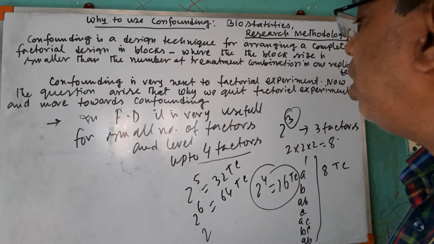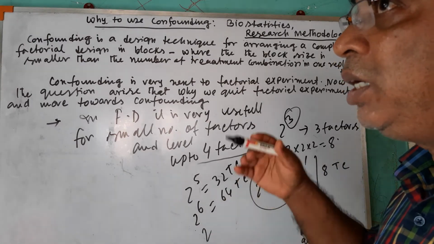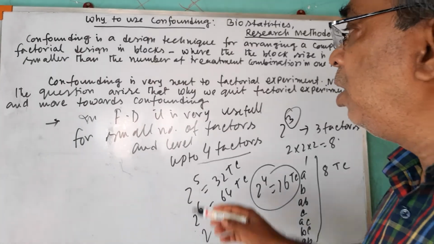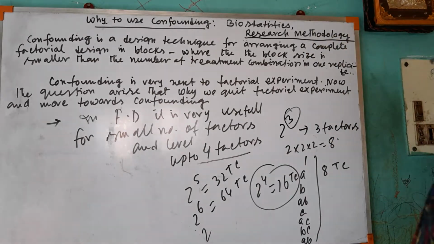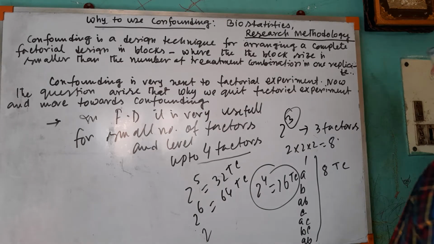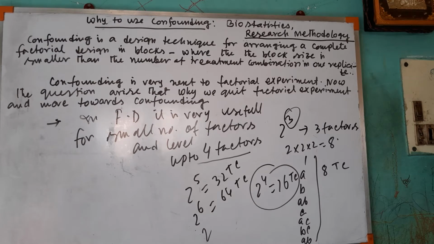With more than 4 factors, where factors, levels and treatment combinations are increasing, factorial design will not work properly, and we go for confounding. This is one of the reasons why we use confounding. For a large number of treatment combinations, we cannot handle them efficiently through the factorial experiment. For this reason, we use confounding.